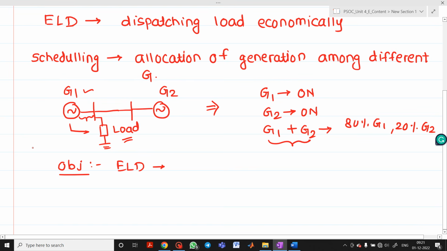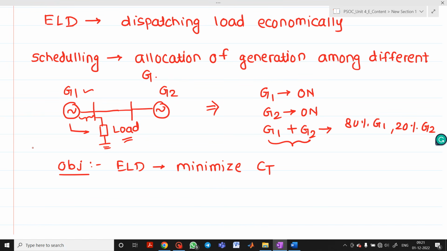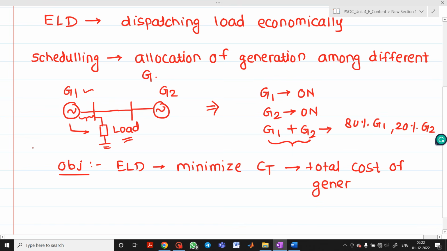The objective of economic load dispatch is nothing but to produce the power in such a way that CT is minimized. CT is nothing but the total cost of generation. So what we have to do is minimize this total cost of generation. This is the objective.